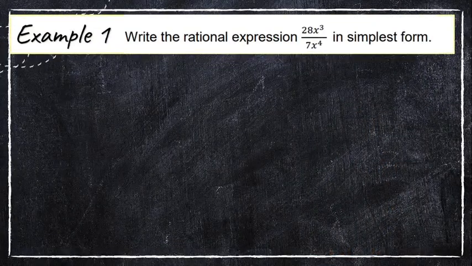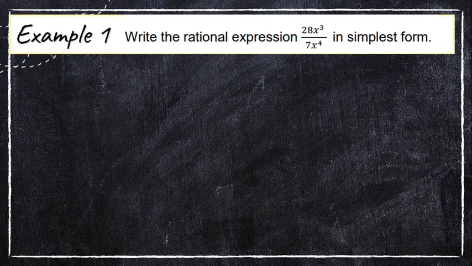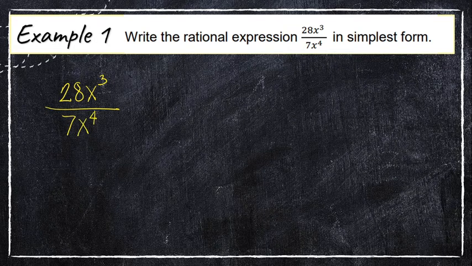Let's have an example. Write the rational expression 28x cubed over 7x to the 4th power in simplest form. So I'm going to rewrite the given expression, and we're going to factor first completely the numerator and the denominator.